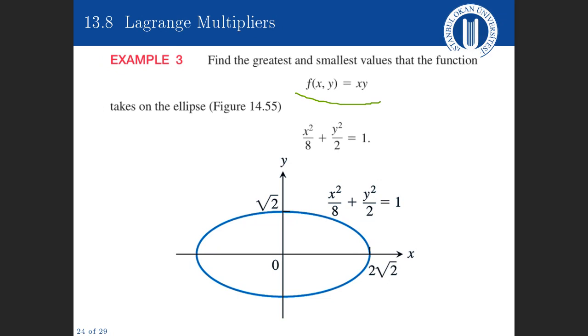We need our second function g, and then we want to set g equal to 0. So g would need to be x squared over 8 plus y squared over 2, and then minus 1. The constraint is then just g equal to 0.